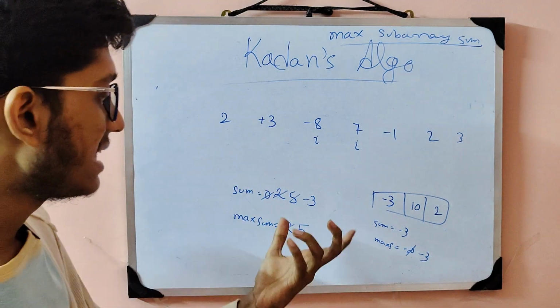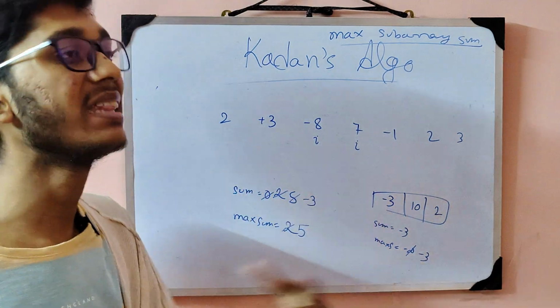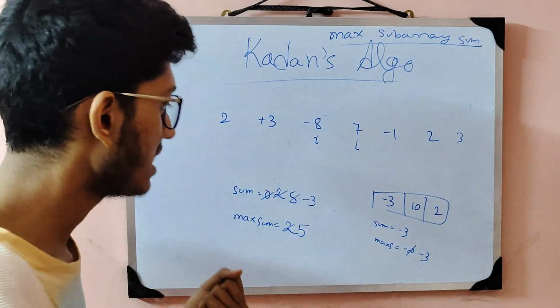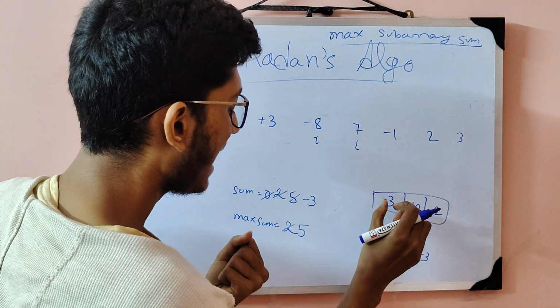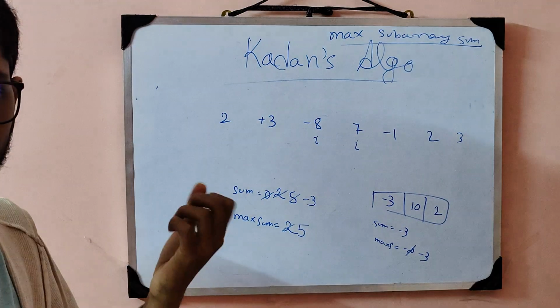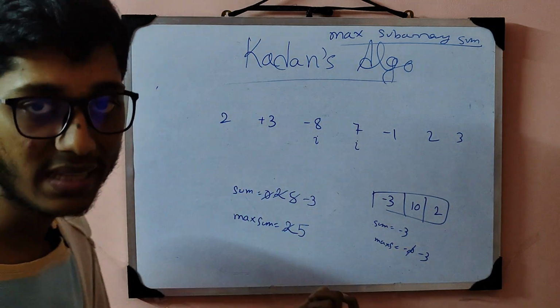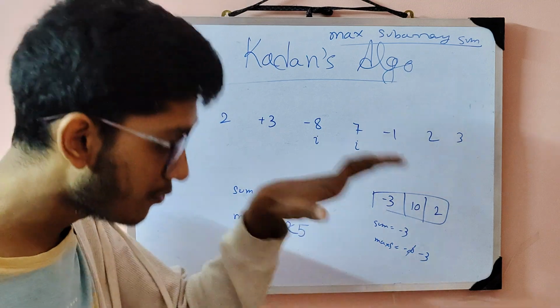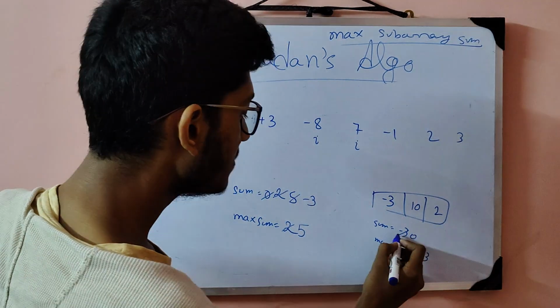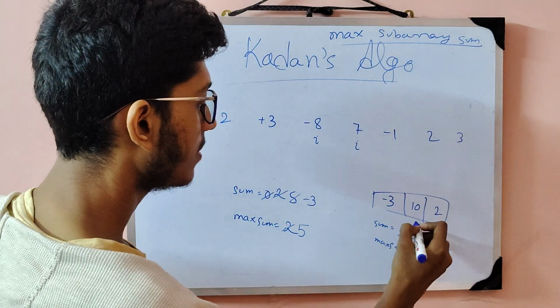I want anything which is greater than 0. If it is 1, then I would take it, because if I add it to the next element, it will increase my sum. But if I take something negative and add it to my next element, it will decrease my sum, so I will not take it. As it is negative, for the next iteration, I will make sum as 0.